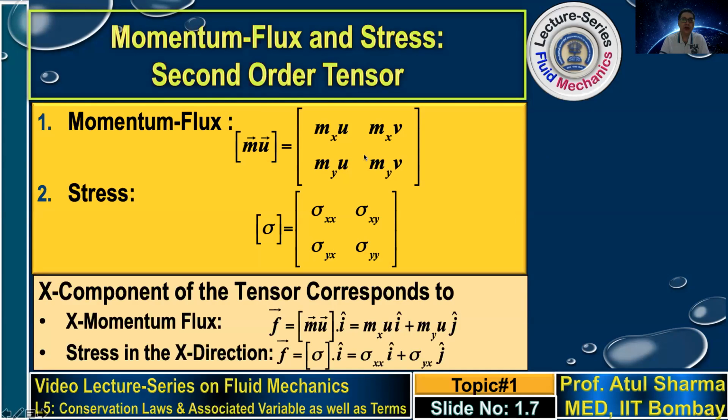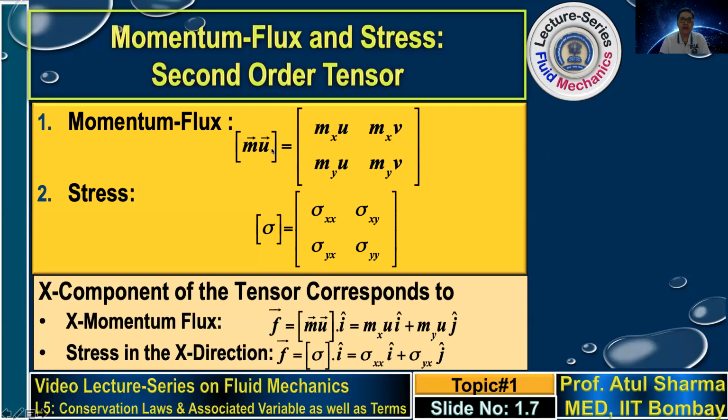So this slide shows the operation of the second order tensor on momentum flux and the stress for the x momentum and y momentum. Any vector law, as I mentioned, we apply component by component. So here the operation of this second order tensor with a unit vector in the x direction, this is the I vector, results in a vector which is used in the x momentum equations.